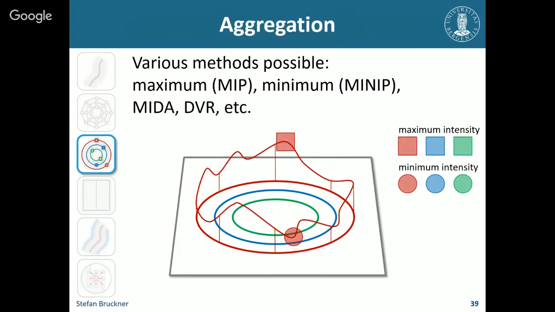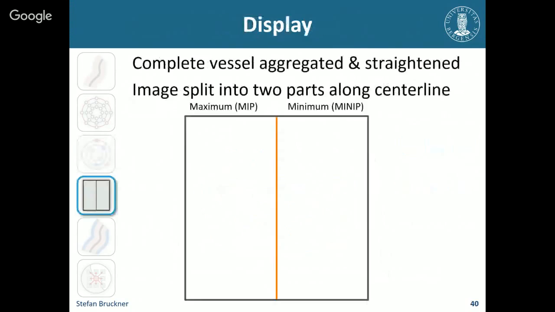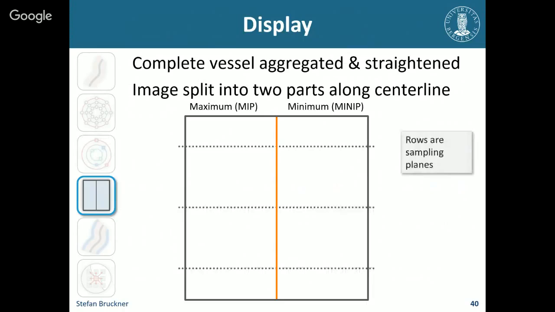And now, how can you think about how this is displayed? So we also straighten the blood vessel, so it's always in the center of the image. And the rows now are along the vessel, along the center line.